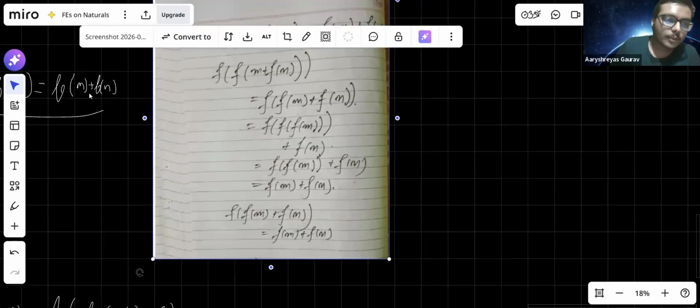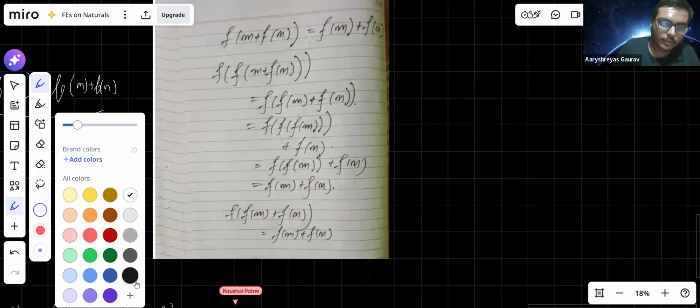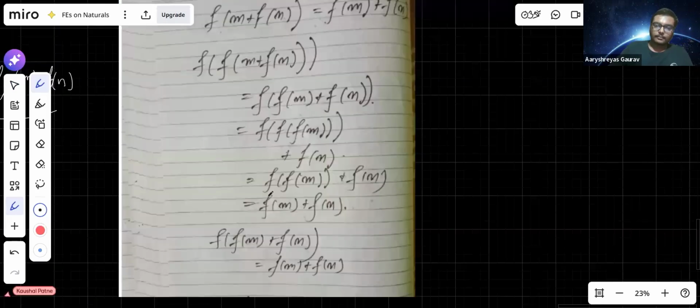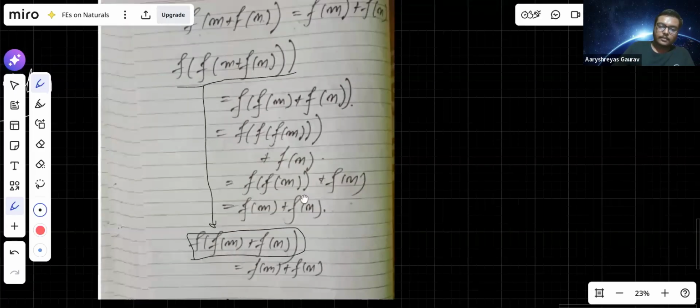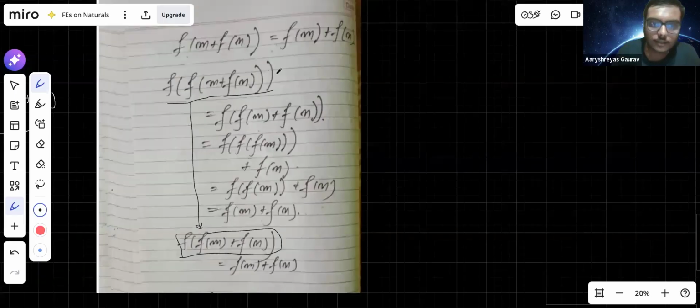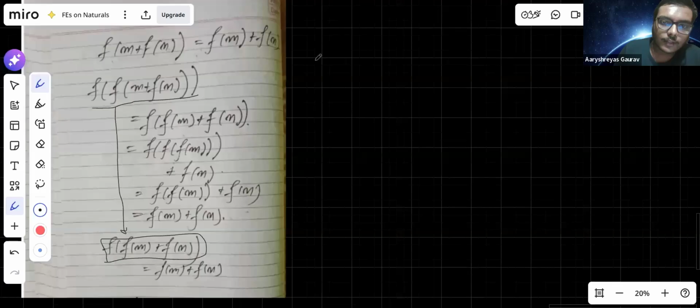Look, let me switch to black for this one. See, this thing that you wrote, you are writing it as this, right? This is where you are getting it wrong.